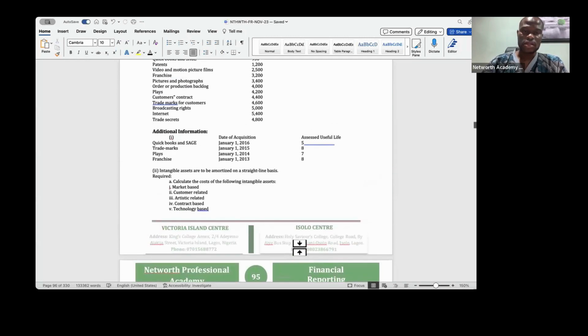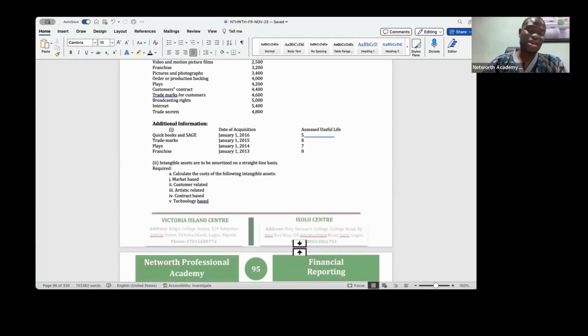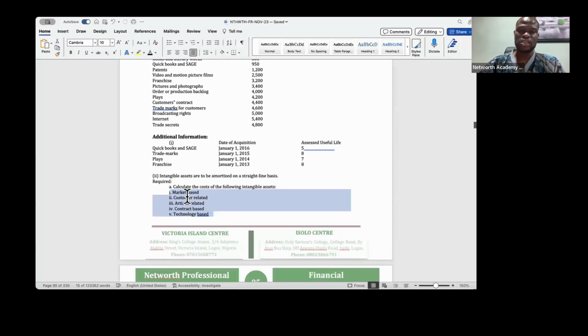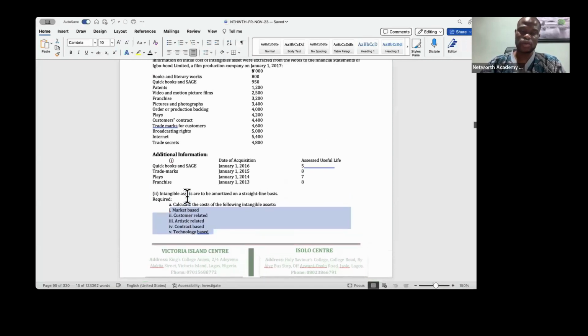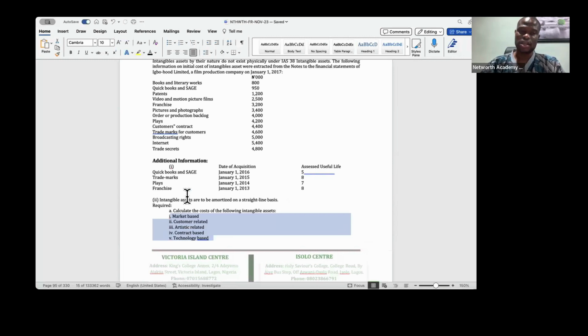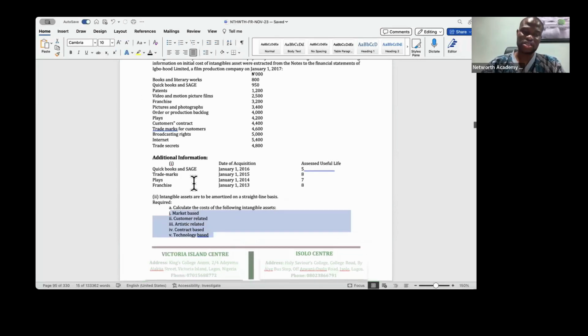Okay, so I can remember vividly, just like yesterday, this 2018, when they asked this question, we complained so much because IAS 38 didn't classify intangible assets in this manner, market-based, customer-related, artistic, whatever. So even when we were providing the solution, we could not agree which of these should be market-based.